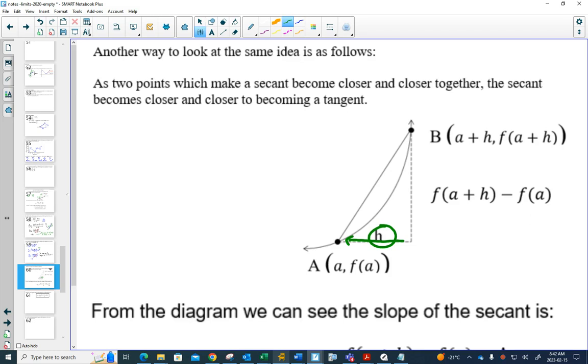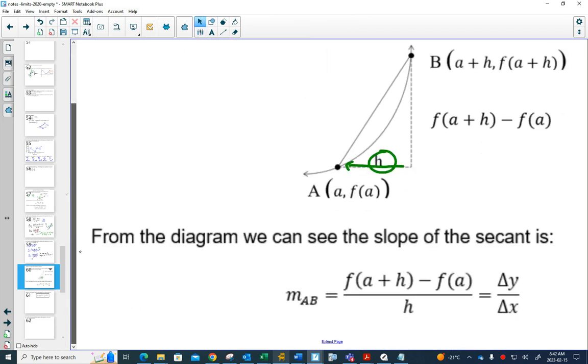So this becomes our slope formula number 2. That now your horizontal distance is h, and your vertical distance would be whatever these y coordinates would be, which is f of a plus h minus f of a.